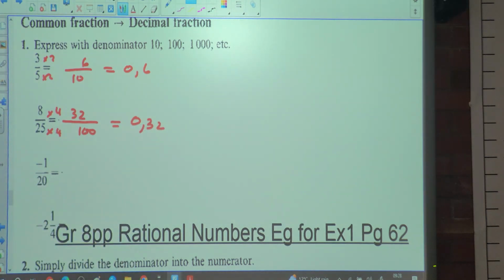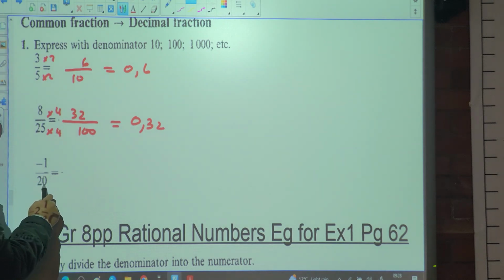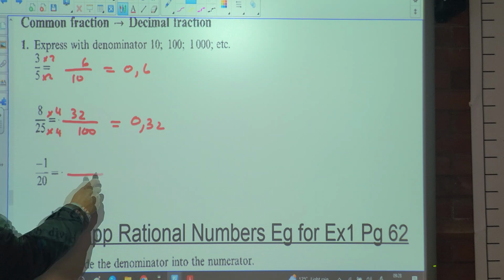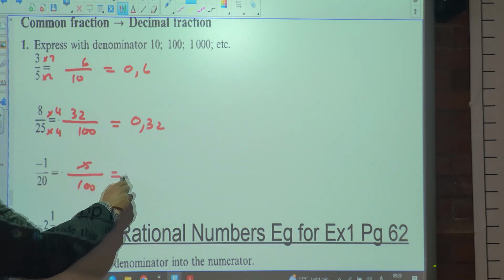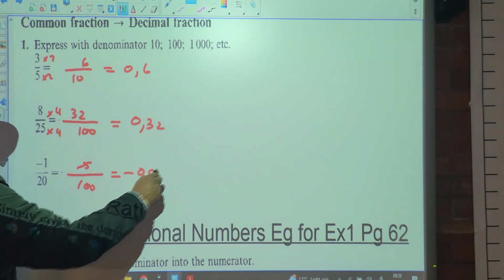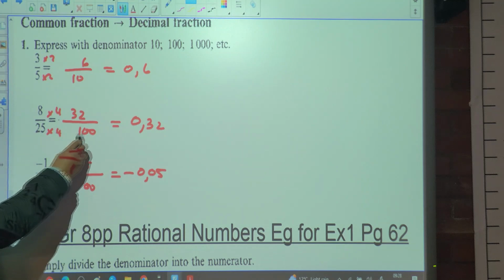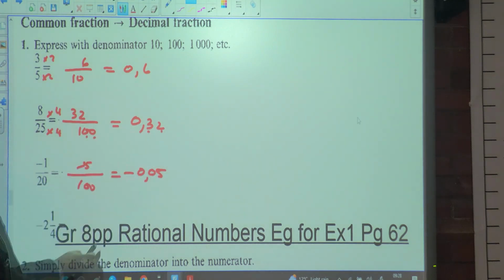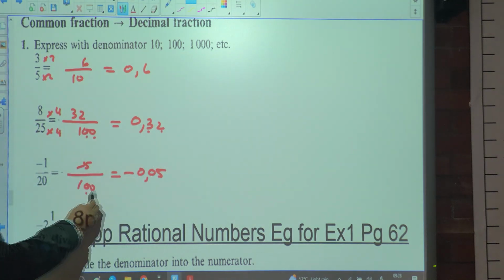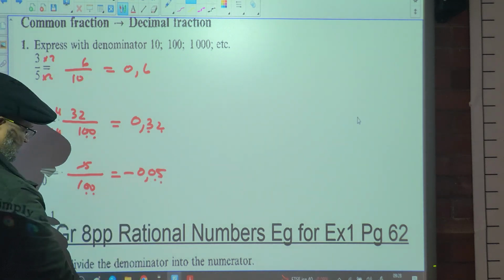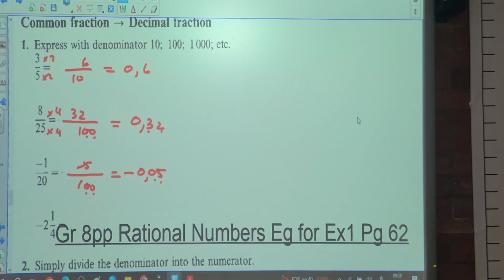Can you see that? How do I get from 20 to 100? Times by 5. Which is negative 5 over 100, which is negative 0,05. Remember there's 2 zeros, so 2 decimals. You see 2 zeros, 2 decimals. Okay, is there any confusion?